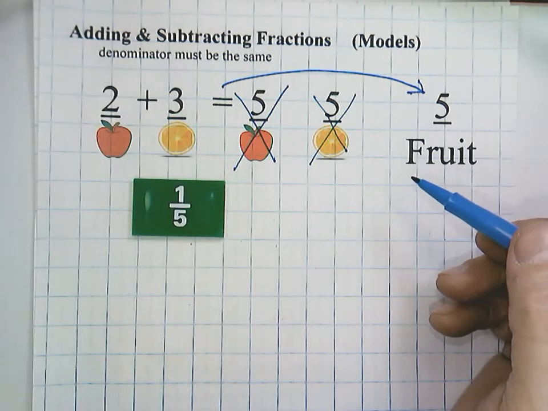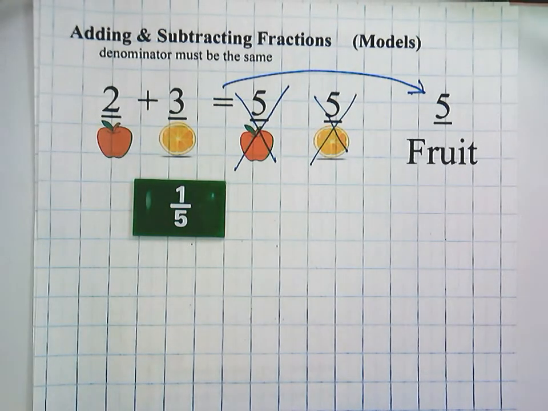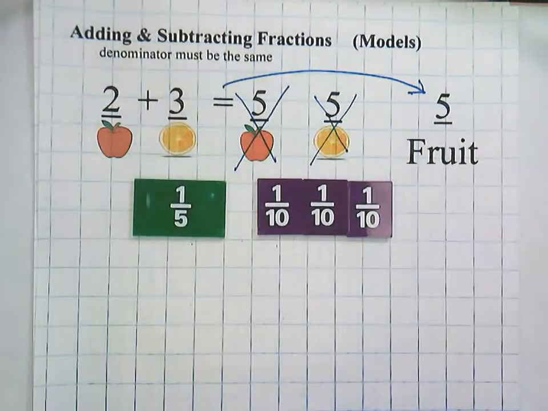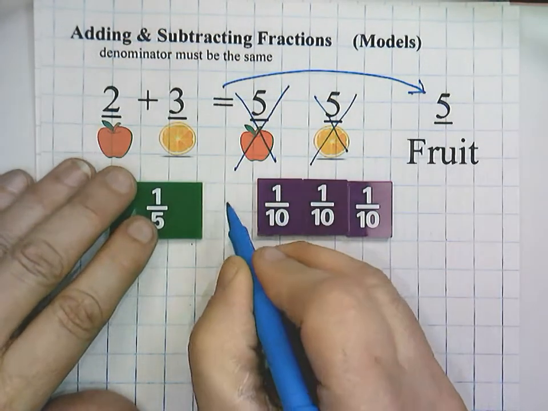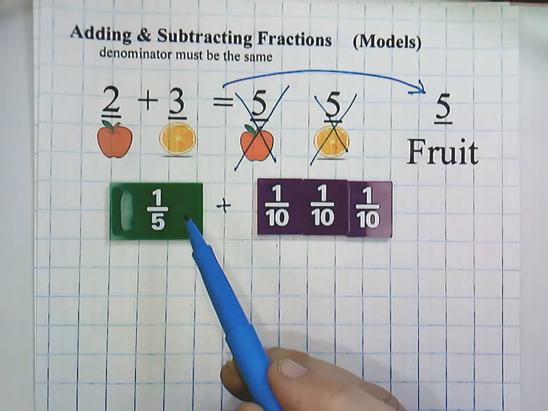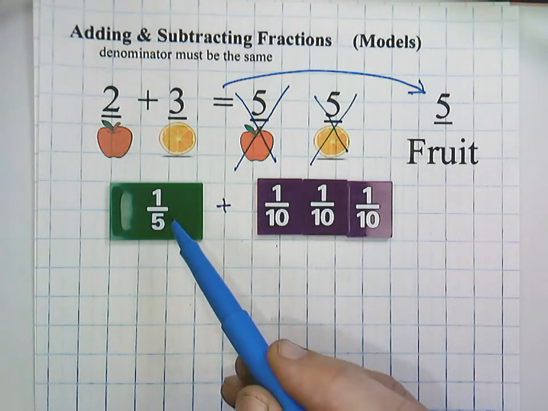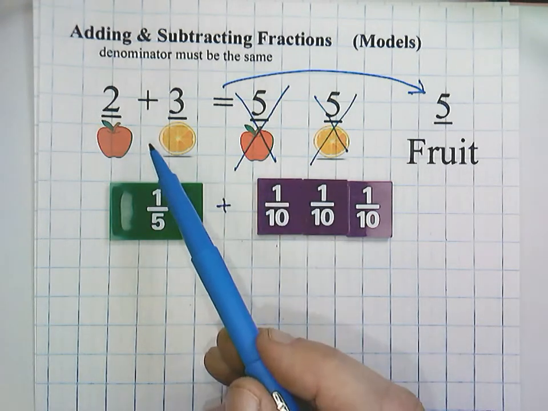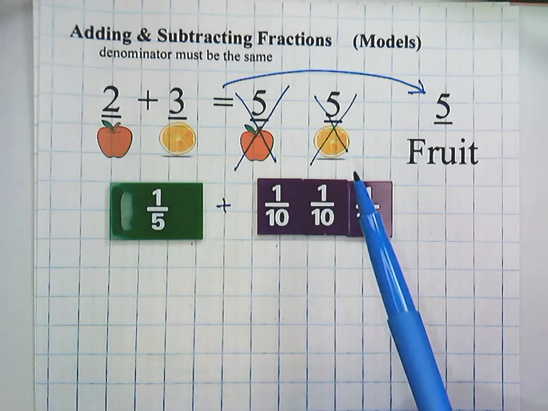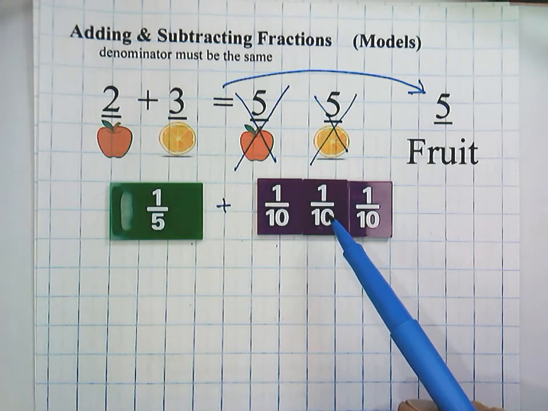So if I have 1/5, and I want to add that to 3/10, I don't say that I have 4/5. That would be similar to this example here. It just doesn't magically turn from one into the other. So what we do is we find something in common.